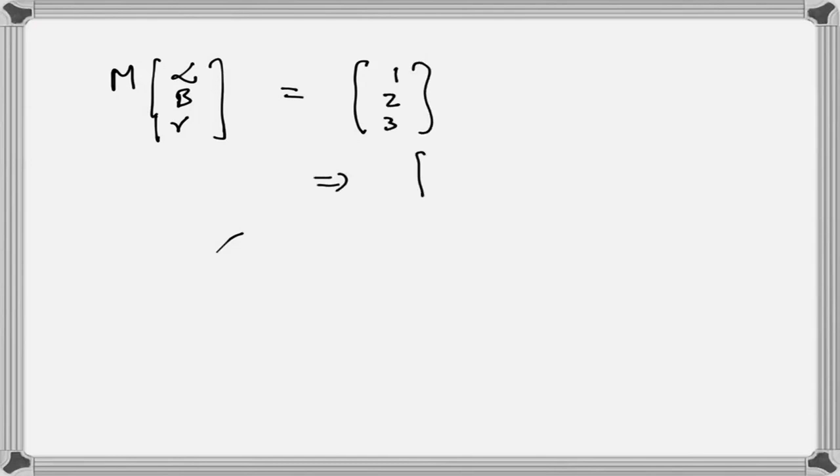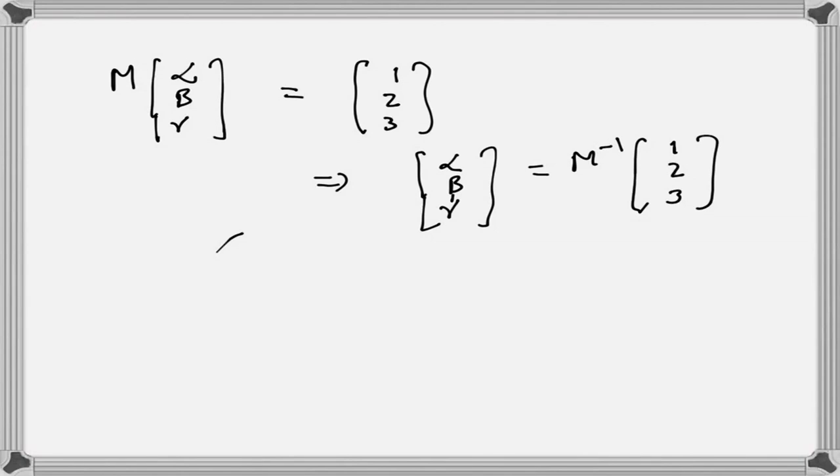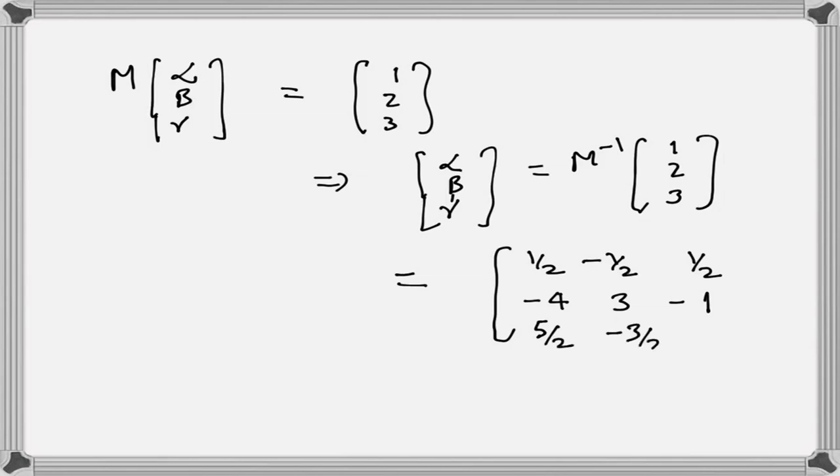So this implies that alpha beta gamma is equal to M inverse times 1 2 3, and if you multiply this column vector with the M inverse, let me just write this M inverse again: 1 by 2, minus 1 by 2, 1 by 2, minus 4, 3, minus 1, 5 by 2, minus 3 by 2, 1 by 2, multiplied with 1 2 3.